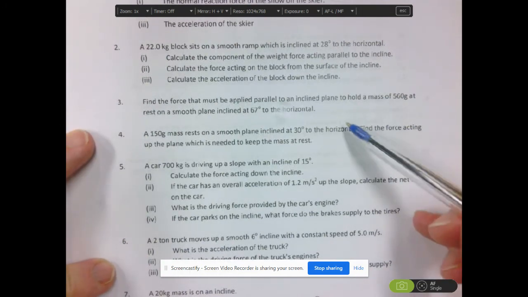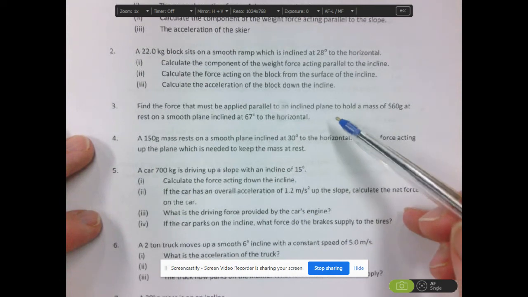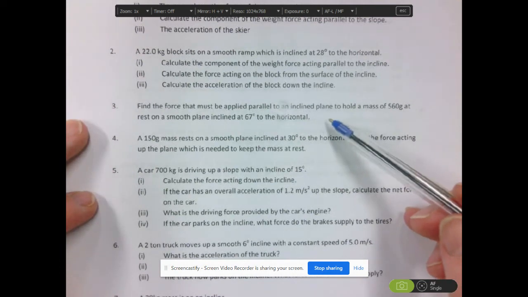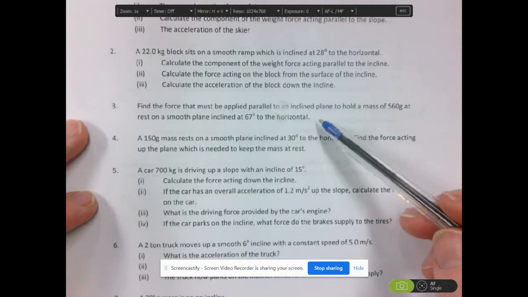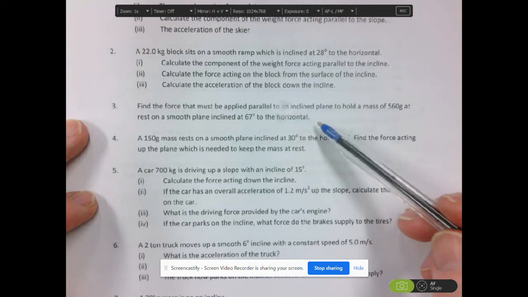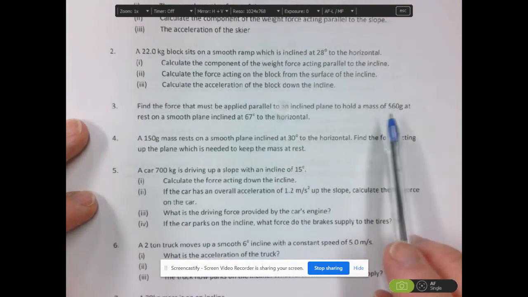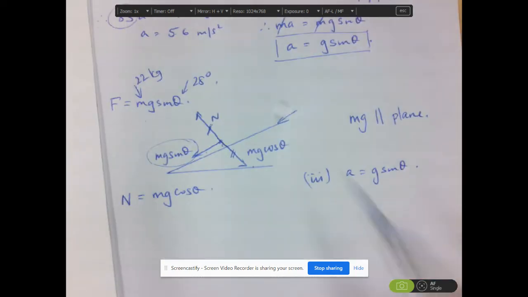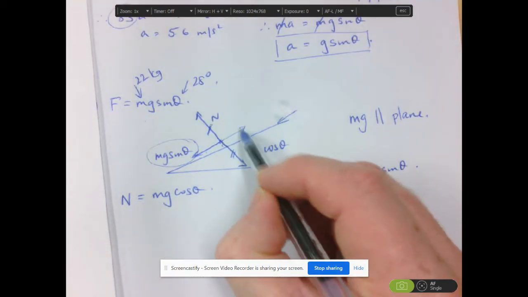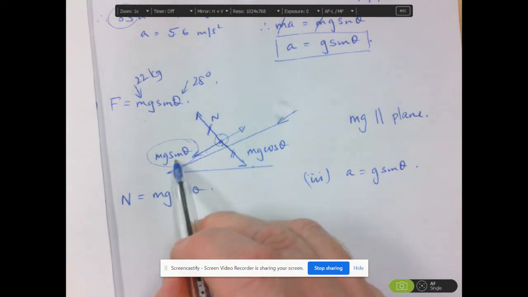Okay. So just having a quick squiz, making sure that there'll be no problems. In question 3, you're asked to find the force that must be applied parallel to hold a mass not moving down the plane. So in other words, we want to find a force that will stop it from moving, and obviously it has to be equal and opposite to mg sine theta.